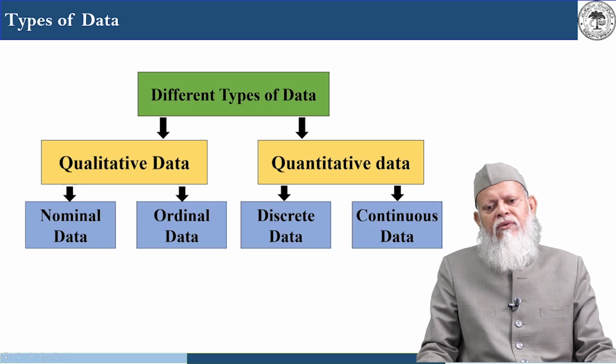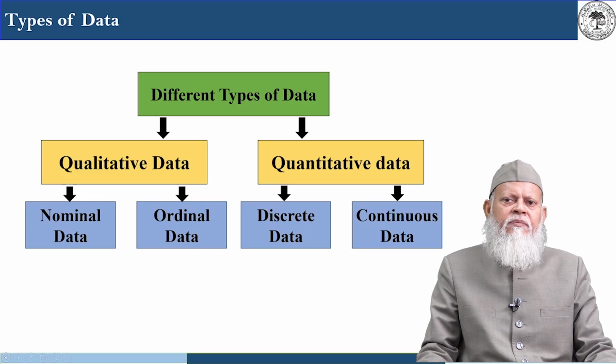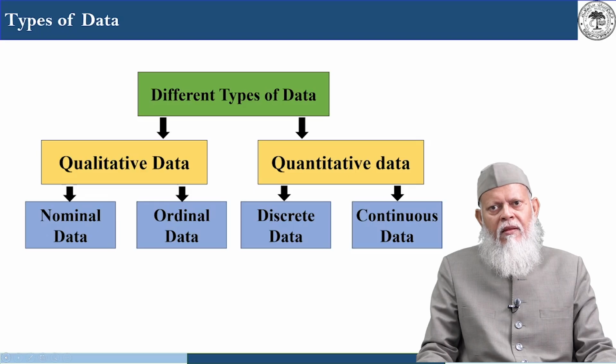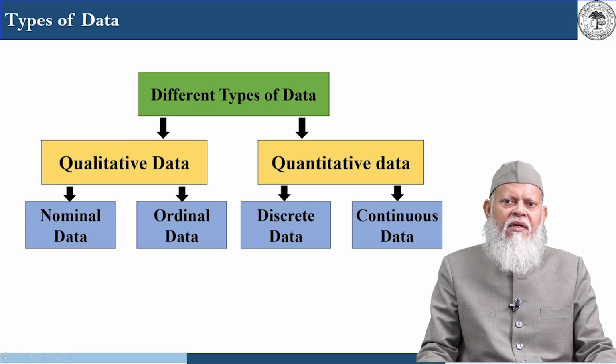Whereas continuous data is the data which can be expressed in decimals. It is quantitative data. The discrete data is also quantitative, but the discrete data cannot be expressed in decimal terms, whereas continuous data can be expressed in decimal terms.